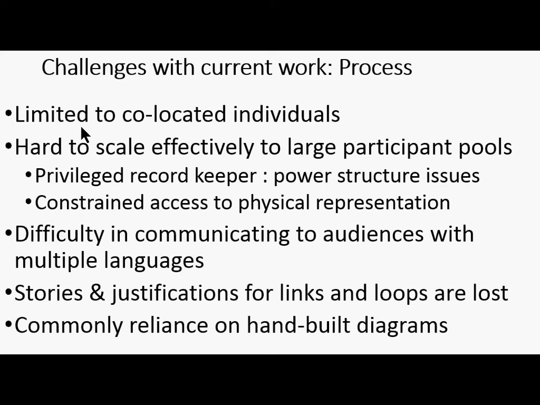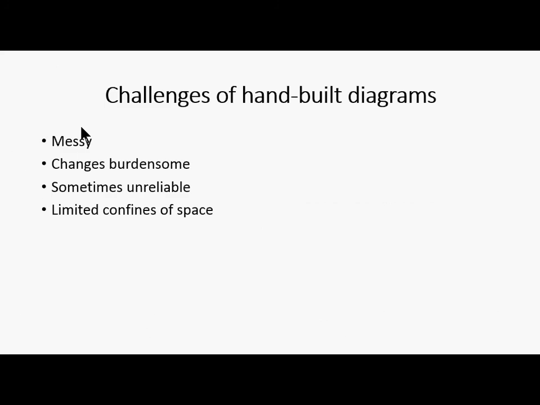And finally, a lot of the times these do rely on hand-built diagrams, which can get very messy. I mean, you probably have seen this yourself, right? These diagrams can get very cluttered. Initially, there's a set of variables that are put close together, and then you want to expand the details for some of them, and you wish you could push them further away.